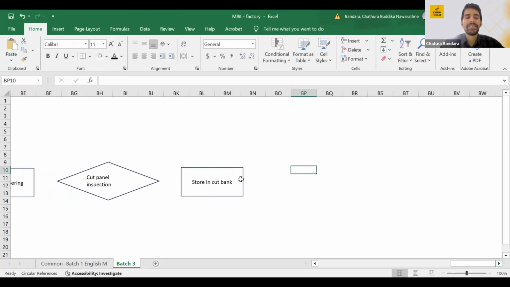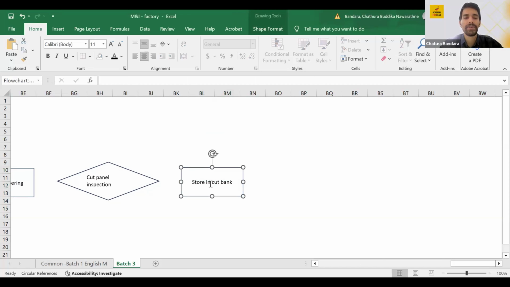Right. Now we have a cut store in the cutting department or store, mini store, whatever. It's basically a supermarket. Yes, cut bank or supermarket, WIP. Right.